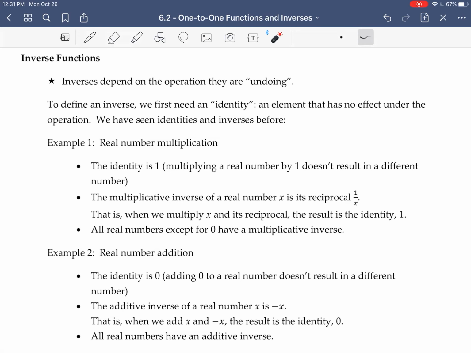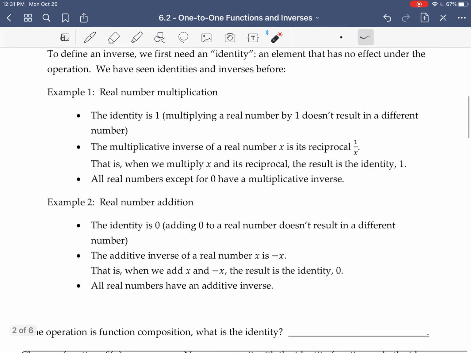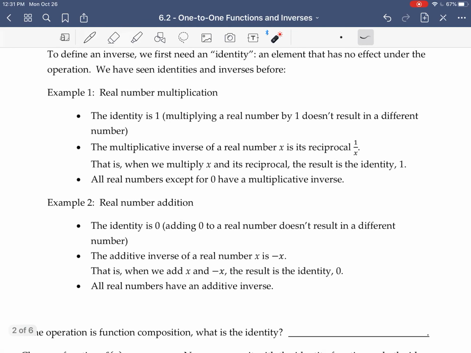Okay, so we've seen identities and inverses before. Let's just think about an example. If we're doing multiplication with real numbers, the identity is 1, because when you multiply by 1, nothing happens. And then the inverses, we call them multiplicative inverses because we're talking about multiplication.